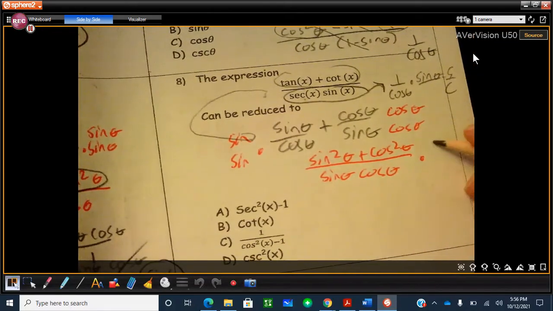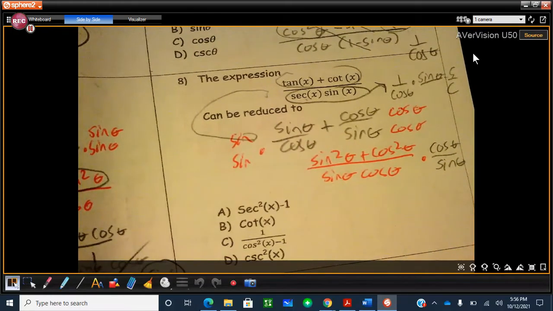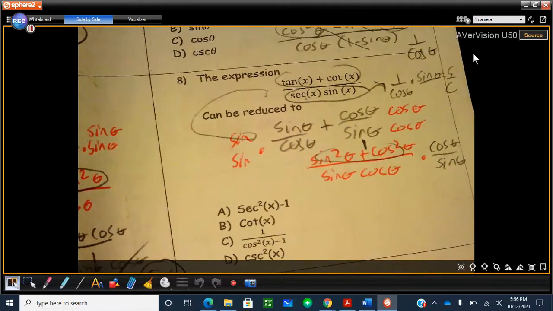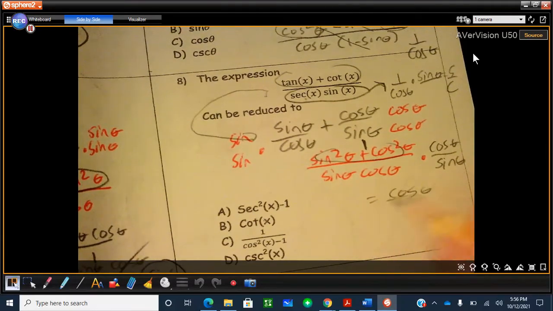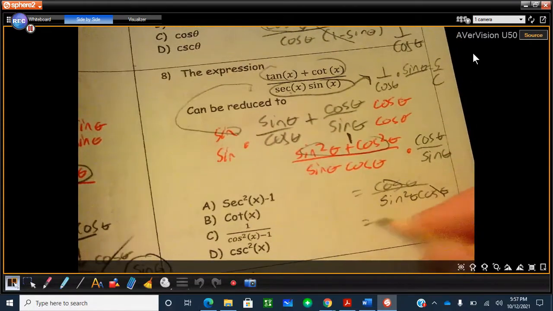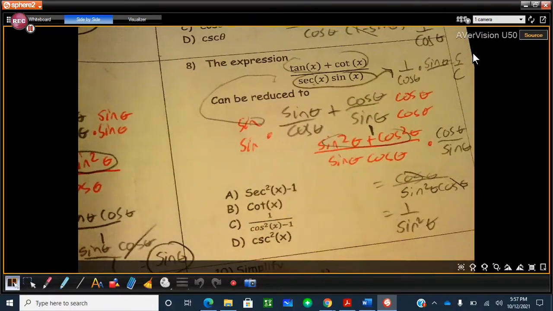So when I multiply, I'm going to say cosine theta over sine theta. So this right here is 1, right? So we end up with cosine theta all over sine squared theta cosine theta. The cosine thetas cancel, and end up with 1 over sine squared theta. And then you're like, yay, I got it. Oh man, it's not there.